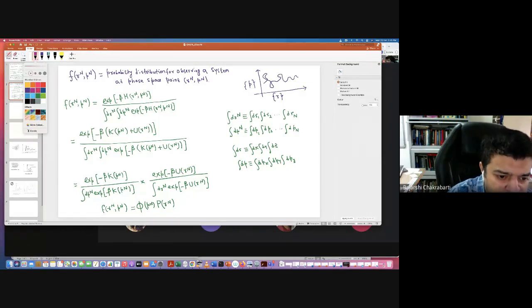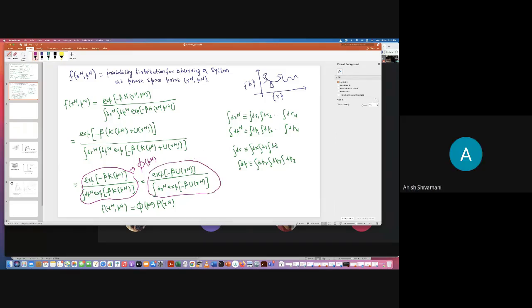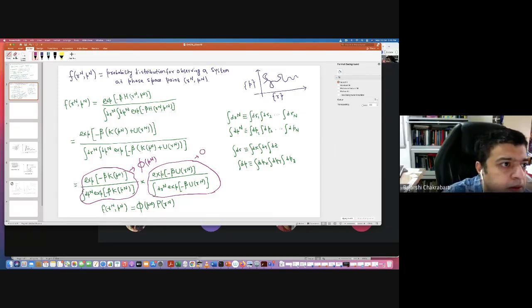You understand what phi is? Momentum space distribution function. Yes, this one I am calling it. Similarly, this part I am calling what? Coordinate space distribution function. Sorry, this is R.